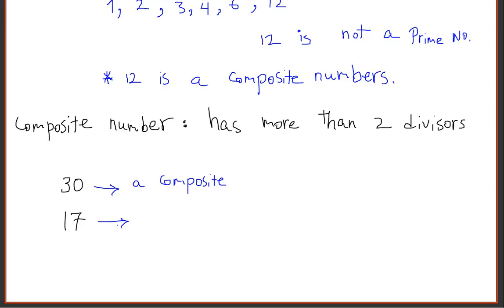It is divisible by 17, which is itself. What other numbers? Let's search for other numbers. Is 17 divisible by 2? We say no. Is it divisible by 3? No, because the sum of digits is not divisible by 3.